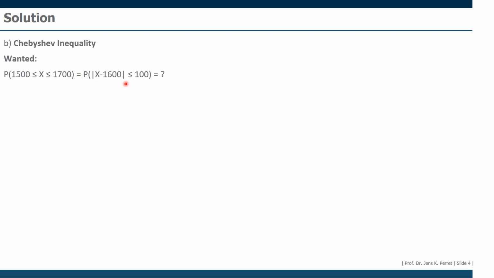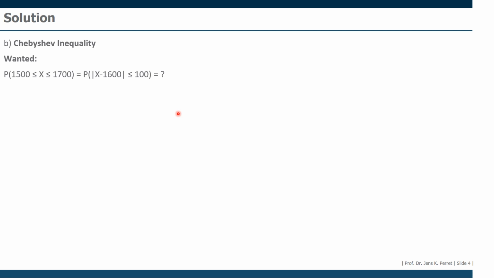Or, that's just a reformulation which is closer to the original text, that it deviates less than 100 euros from the average. And that's the first part. By writing random variable minus average, then using these absolute bars, this is the deviation from the mean. This one should be smaller than 100.